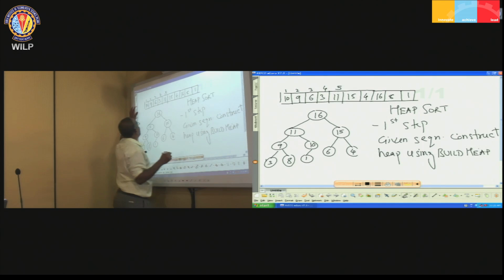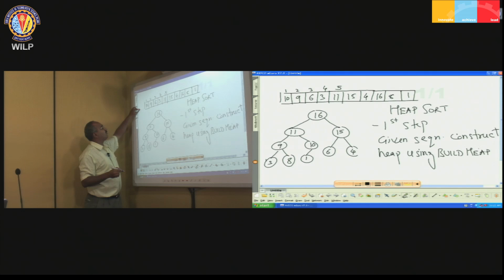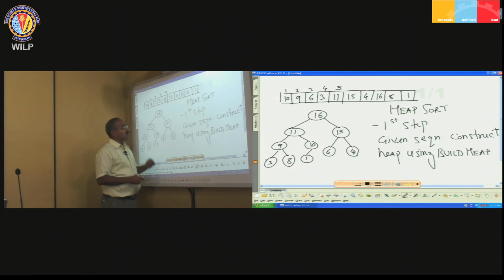That is what we have seen already here. If I am given this sequence, by calling the build heap operation, we can construct the heap. So, step 1 is illustrated here. This is my sequence, which is an arbitrary sequence, and using build heap we have constructed the corresponding heap. So, the first step of the heap sort algorithm is precisely this.